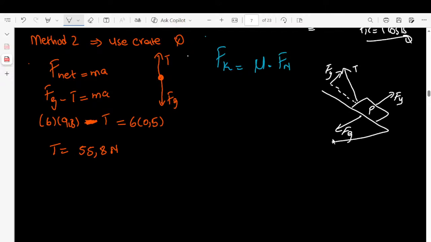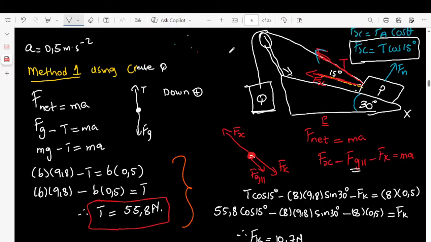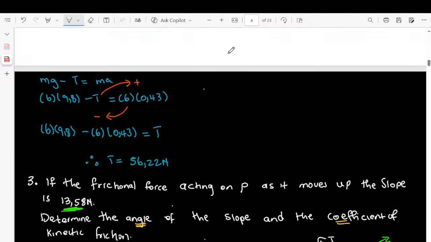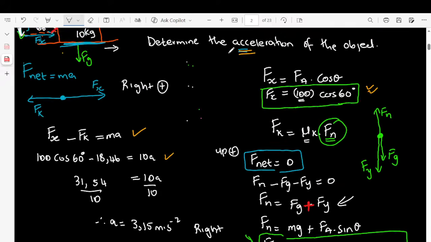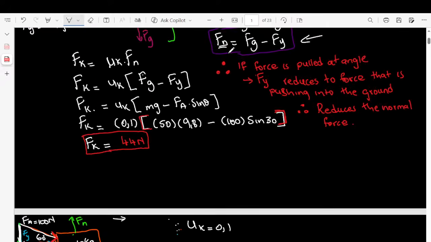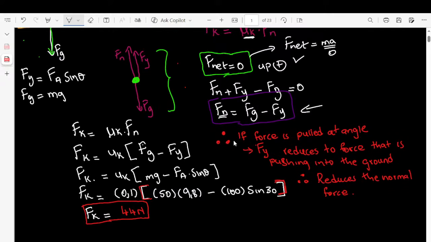So I don't want to waste time. We know that tension is also a force. If the tension is applied at an angle, what did we say? It is pulled. What is the normal force equal to when the tension is pulled?